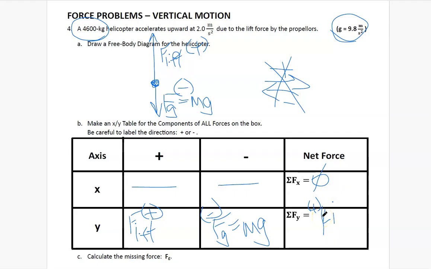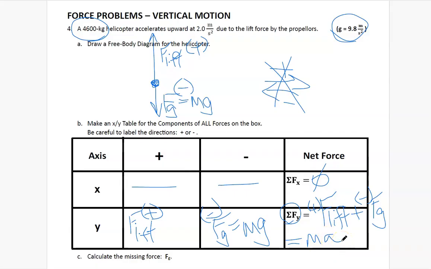So the sum of our vertical forces is our positive lift force, F sub lift, plus our negative weight force. You can draw this smaller to fit in the boxes. And we also know that the sum of those forces will become a net force, or sum of forces, and net forces are always equal to mass times the acceleration.